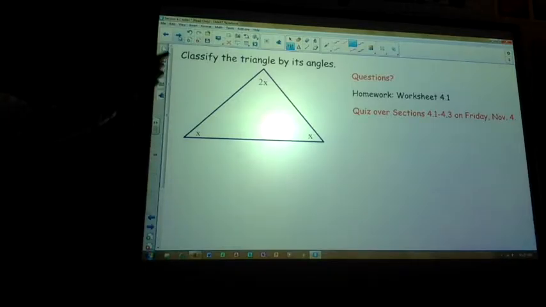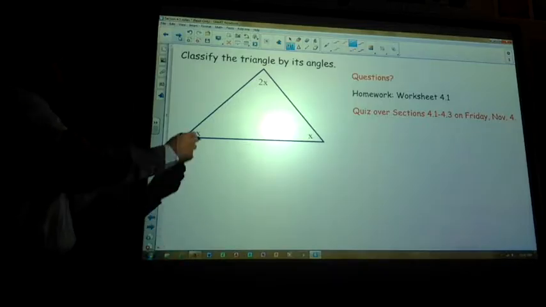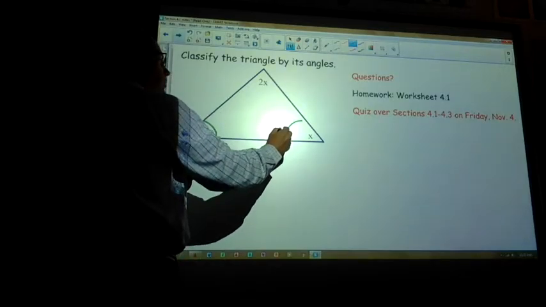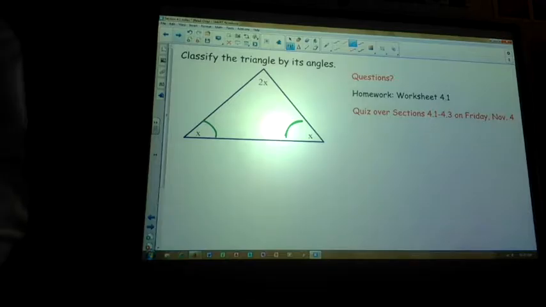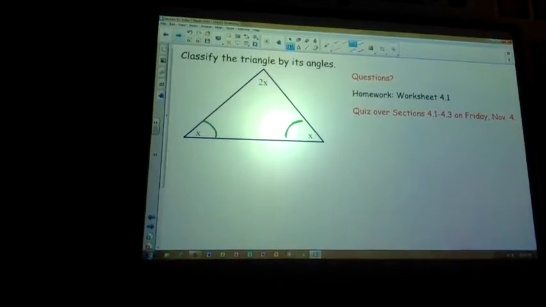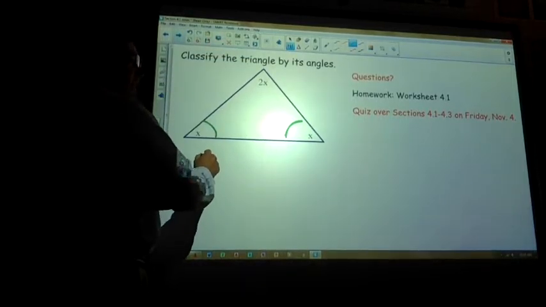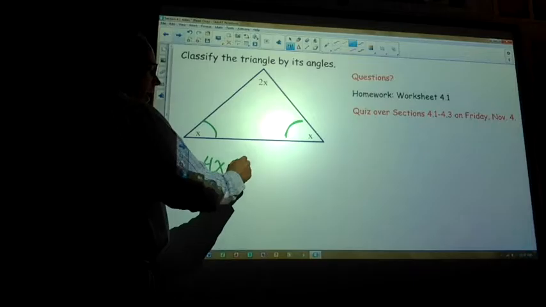All right, classify this triangle by its angles. It's an acute triangle. If you add them all up, you're going to get 4x, and that's equal to 180.